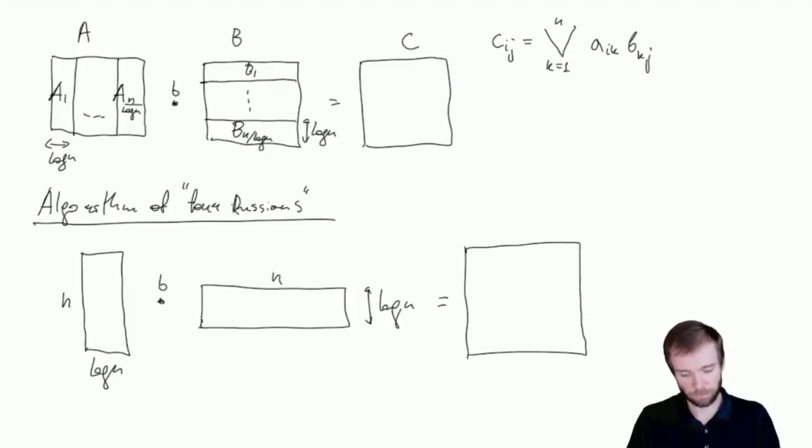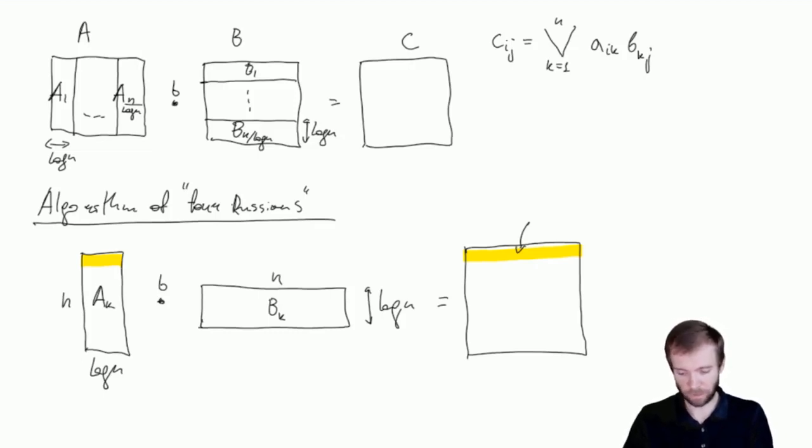Now let's look at a fixed row of our matrix. Its elements are obtained by multiplying a fixed row of matrix AK by all columns of matrix BK. And in the end, this row happens to be a combination of rows of matrix BK with the coefficients taken from the row of matrix AK.